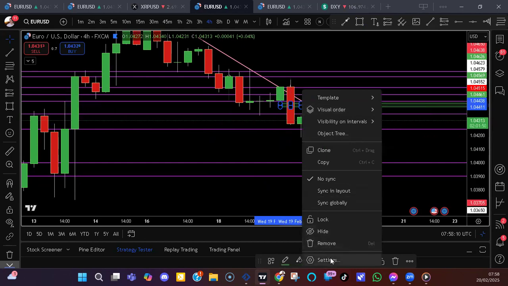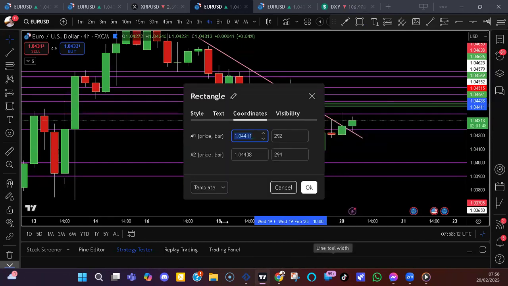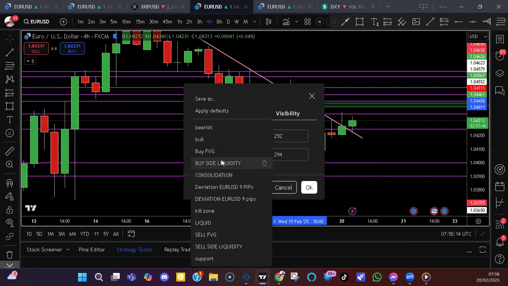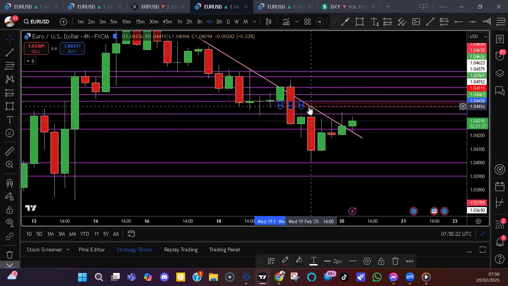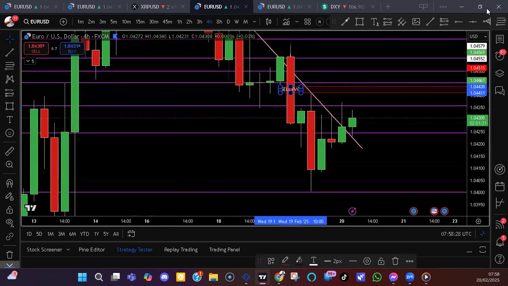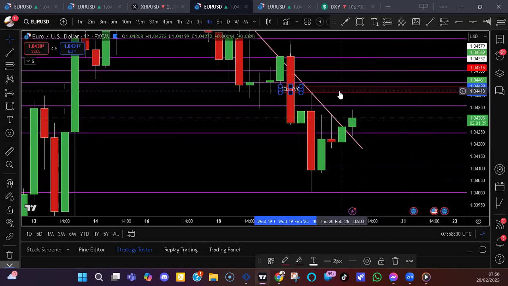It's a sell imbalance. So sell FVG, which stands for fair value gap. So that there on that candle there, that little bit there is imbalance. Price will definitely want to go into there at some stage.